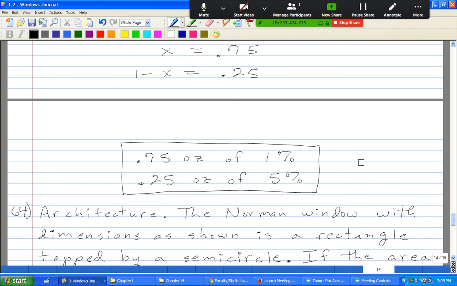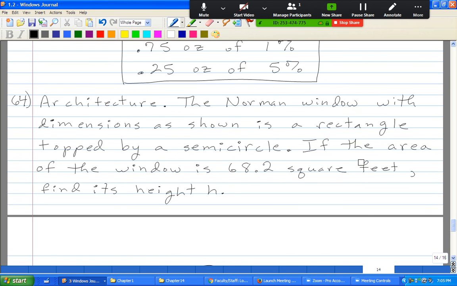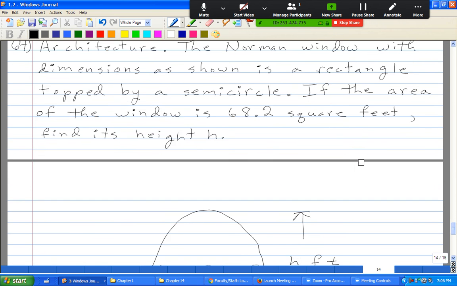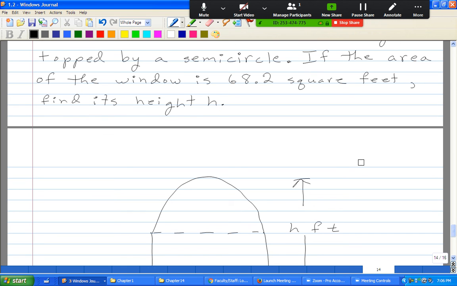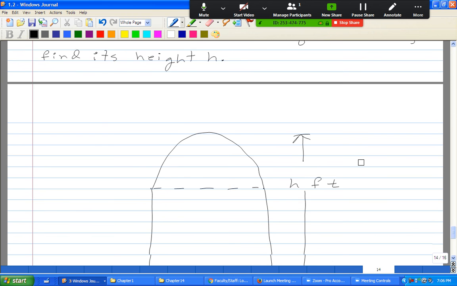Let me do problem number 64. Architecture. The Norman window with dimensions as shown is a rectangle topped by a semicircle. If the area of the window is 68.2 square feet, find its height h.